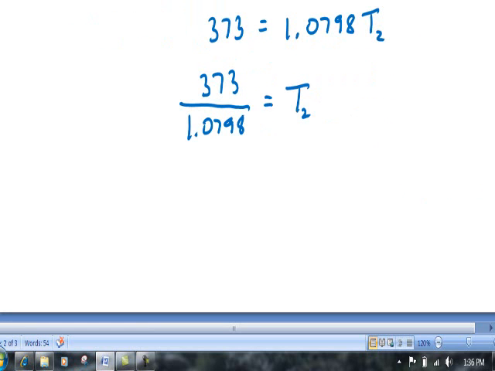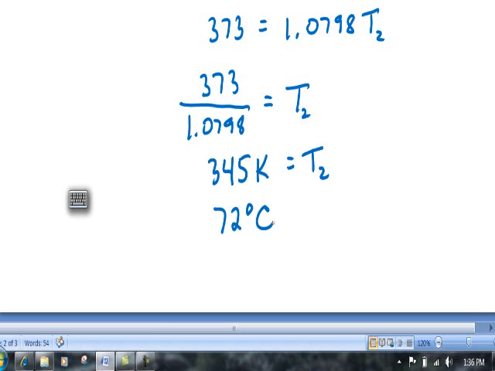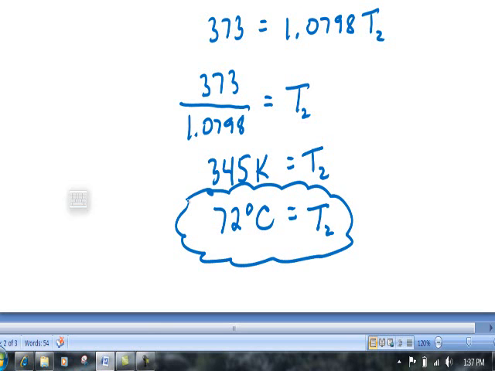This brings us to this point in our calculation. If we divide this through, we end up with 345 Kelvin is equal to T2, which converts to 72 degrees Celsius will be our T2, and this would represent the boiling point of water on the peak of Mount Everest.